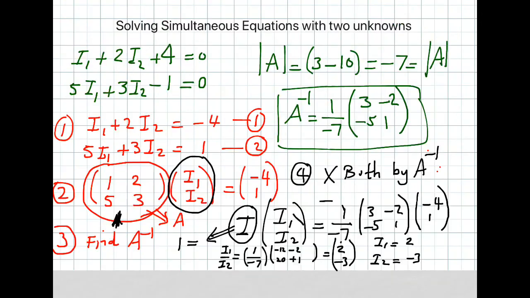So you should get this value I1 equal to 2.